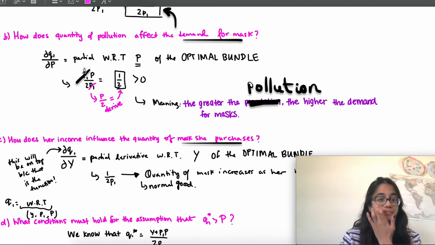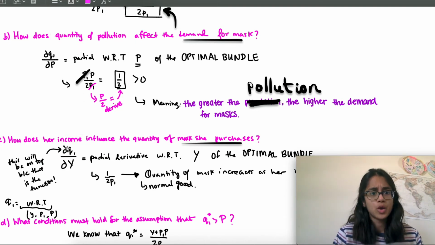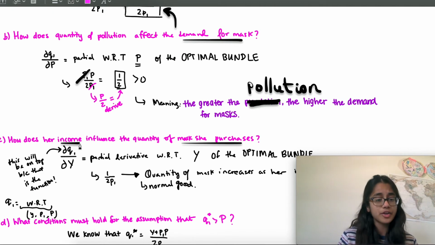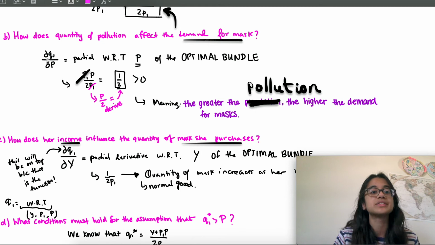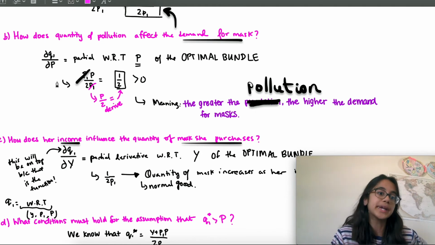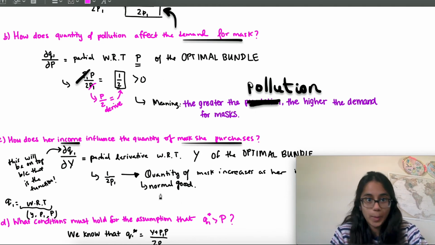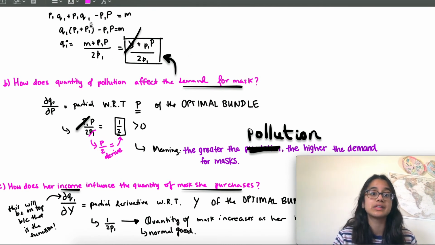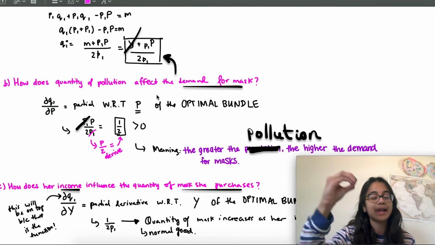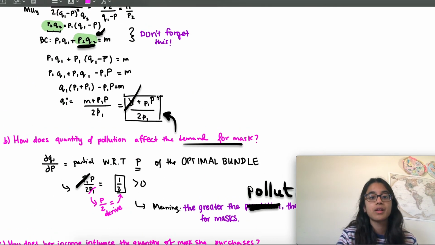Now you're just taking the derivative with respect to income. Our income here is y, so it's going to be dq1 over dy, just like this was dq1 over dp. Again, look back at your demand function. This is why it's very important: you're always looking back at your demand function.